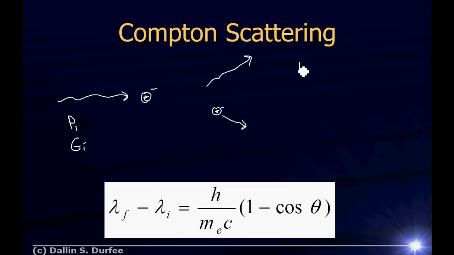In the end, you've got some final momentum, which is the momentum of the outgoing photon plus the momentum of the outgoing electron. You've got some final energy, which is the energy of the outgoing photon plus the kinetic energy of your outgoing electron, right? And then you say, well, if the photon scatters off at some angle, conserving energy and momentum tells me how much energy is in the photon, how much kinetic energy is in the electron, what angle the electron will scatter at, and so forth.